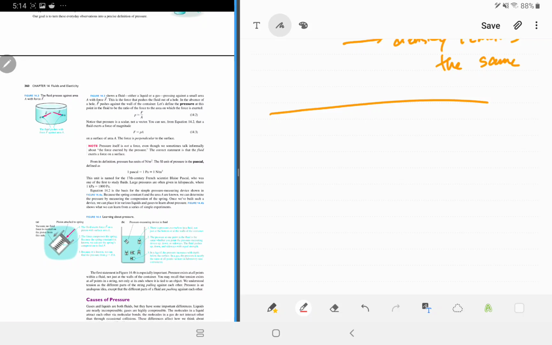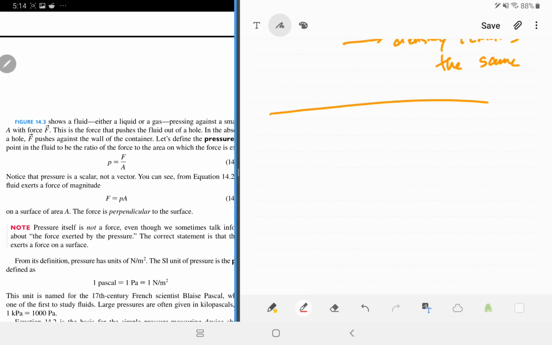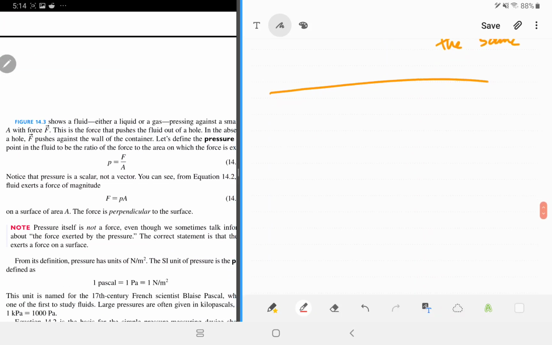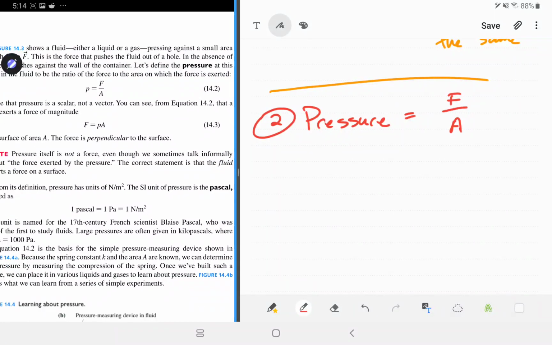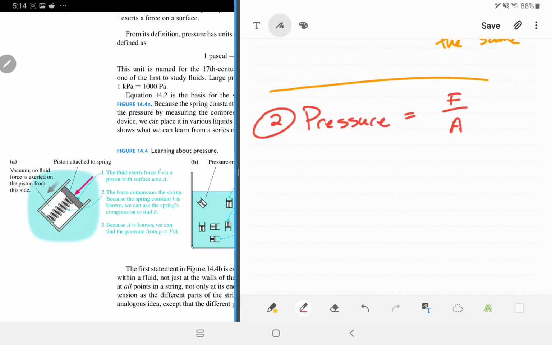Okay. So this is the key equation right here. Pressure is force per unit area. We have an area, right here it would be the piston surface. And the force is directly against that.